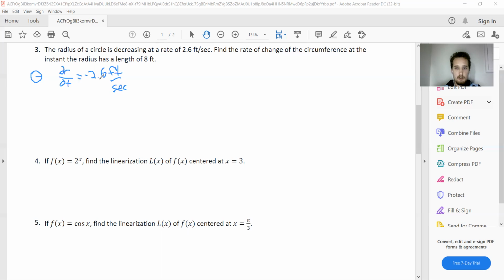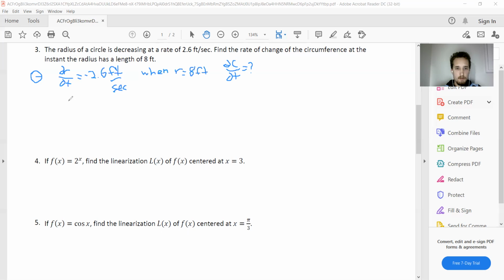Okay, and what else is given to us? When r equals 8 feet. We want the rate of change of circumference. We'll call circumference c. Makes sense. We want to know that.